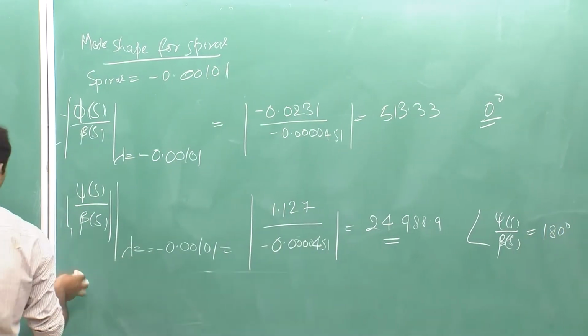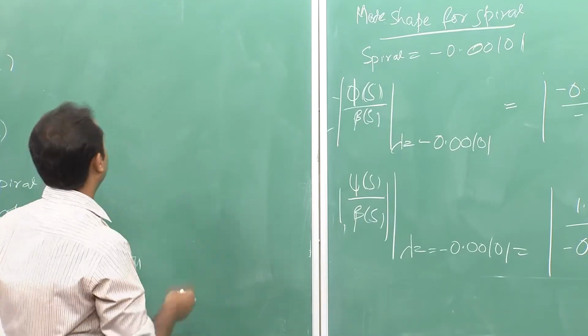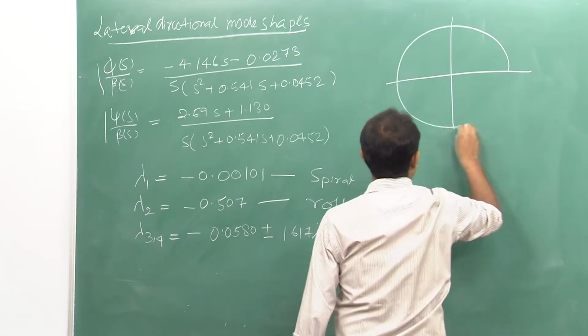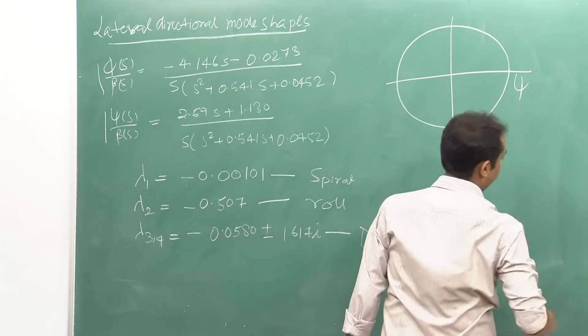So, while drawing the mode shape for spiral mode, this will be a unit circle with psi(s) parameter.